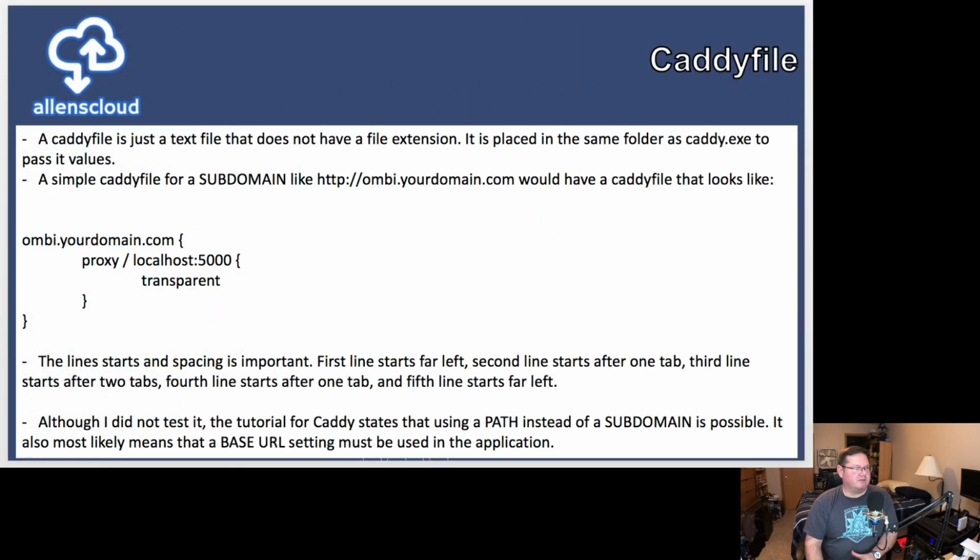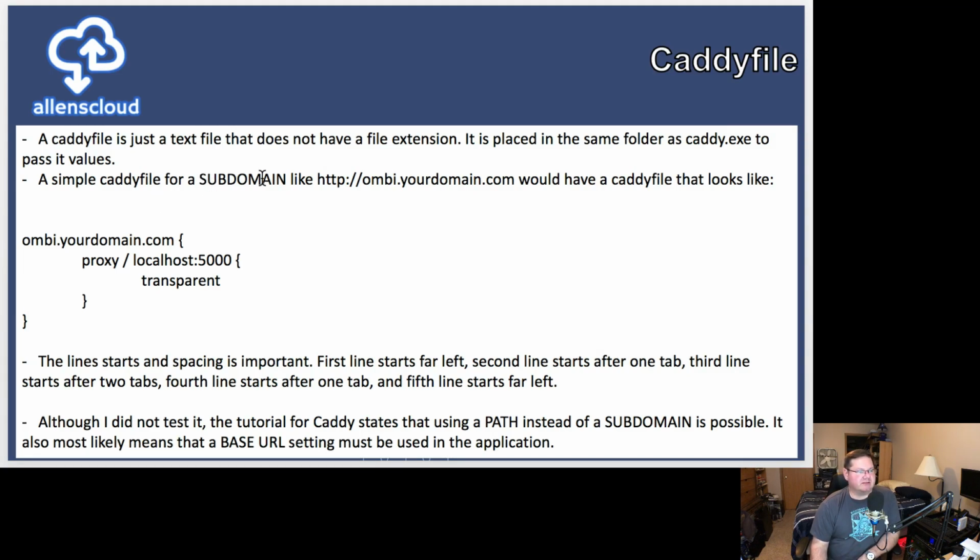So the Caddyfile itself, again, it's just a text file. It doesn't have a file extension on it. Put it in there with the Caddy exe file, and there's two different ways that you can do it for using a reverse proxy. Most of them support it.